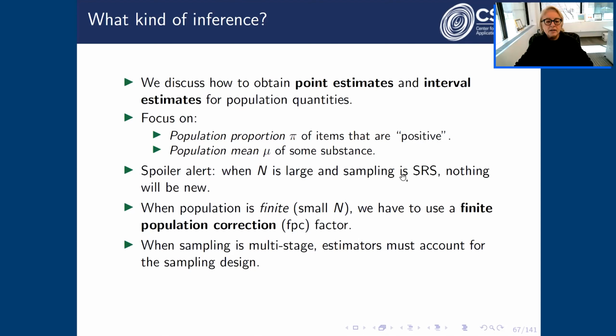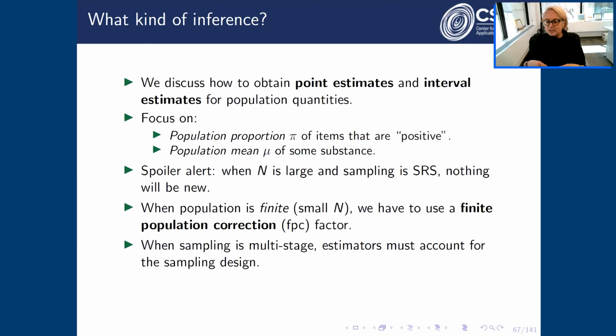And today what we're going to talk about is two types of population summaries. One of them is a proportion, the population proportion, and the other one is a population mean. And implicit in the population mean is a population total. So a population proportion is when I have items that can either be, let's say, positive or negative.